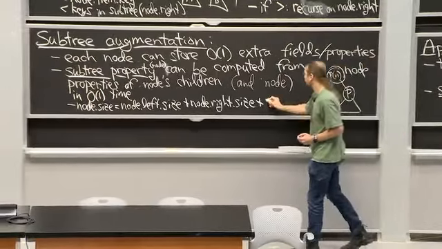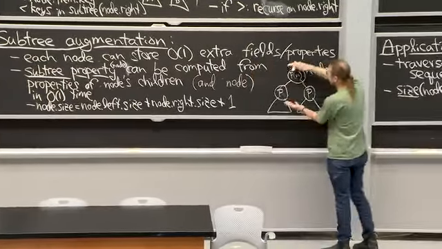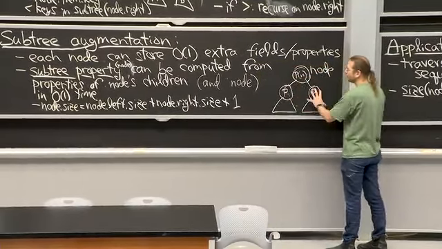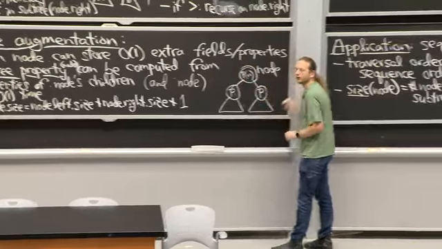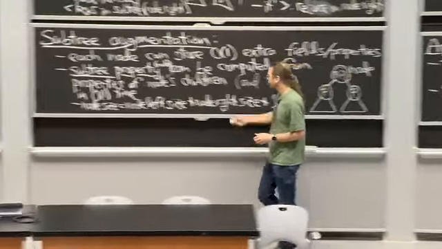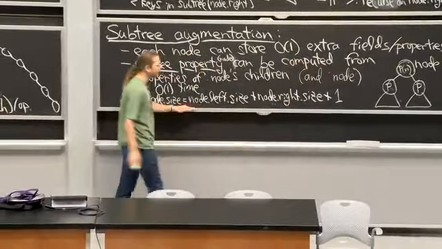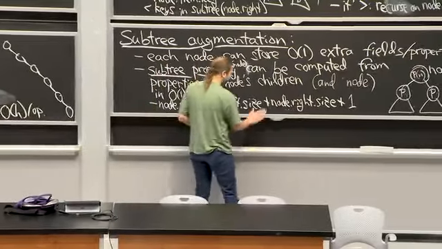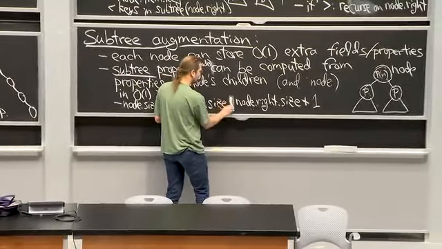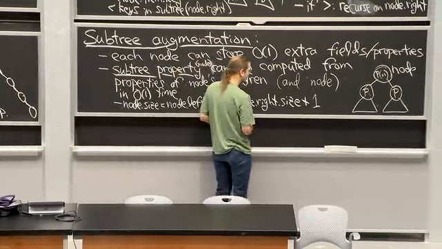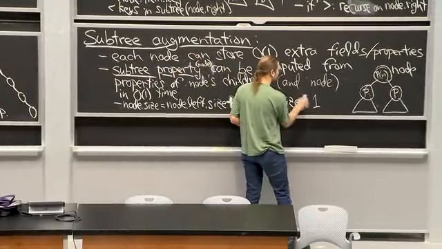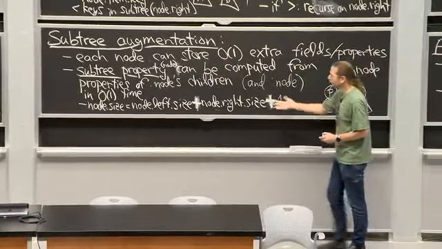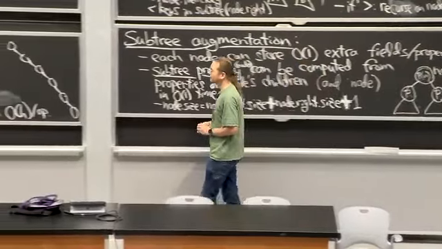The size of the entire subtree called node is the size of the left subtree plus the size of the right subtree plus 1 for that node itself. So this is an update rule. It takes constant time to evaluate. It's 2 additions. So we're summing those 3 things. Boom, we can get node.size.